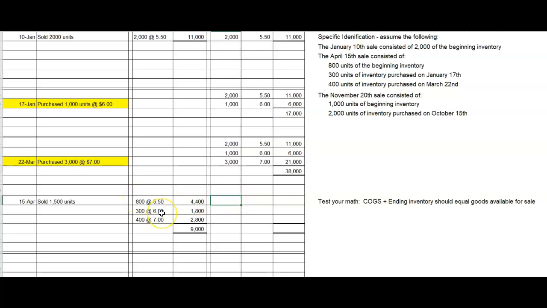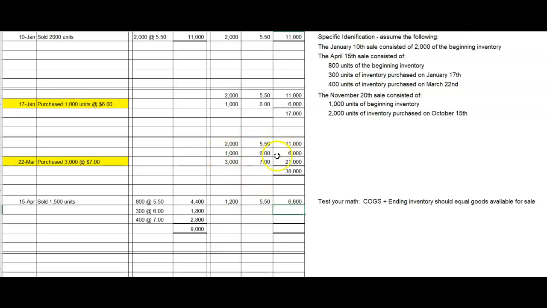That means we did not sell 1,200. And they have a cost of $5.50 each. $6,600 of inventory remaining for the first layer.